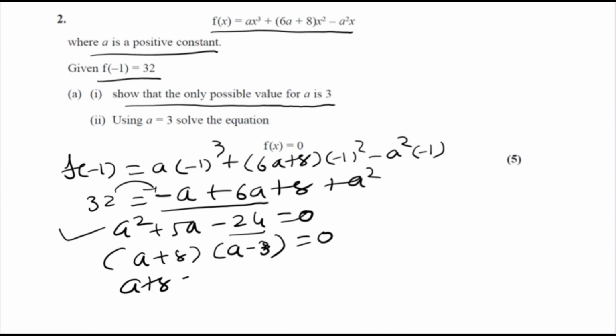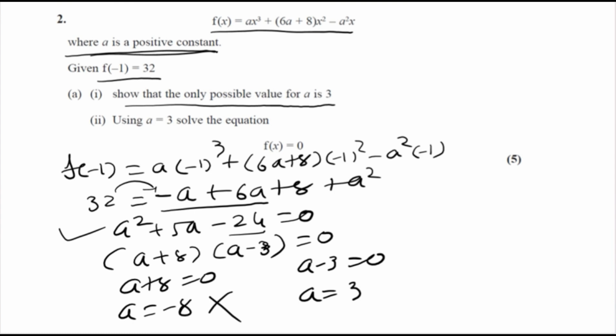So a plus 8 equal to 0, so a is equal to minus 8. And a minus 3 equal to 0, so a equal to 3. Now here we are getting two values. But here the condition is that a is a positive constant. So this value will not be possible. So the answer we are getting for a is 3. And that we already proved because they already asked for this answer.